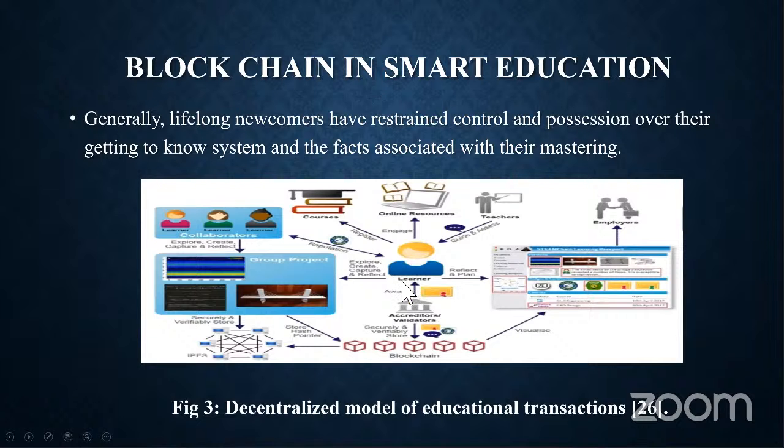The learner can perform different activities: he has to register for the courses, engage with online resources, be guided by some of the teachers, interact with some of the other learners, explore, create and reflect on some of the projects, and plan, and that was visible to the employers.